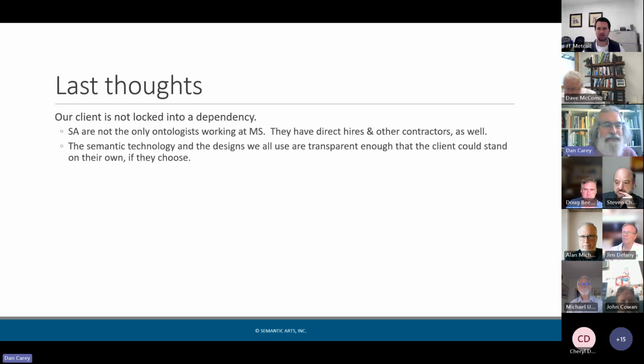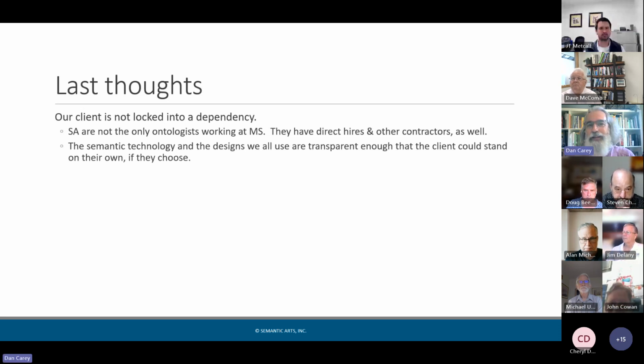which leads to some of these last thoughts, which is that although we have been there for 7 years and I think reasonably expect to be there for the foreseeable future, Morgan Stanley is not locked into a dependency upon Semantic Arts. We are not the only ontologist that they have there. They have their own direct hires. They have other contractors that they have brought in.